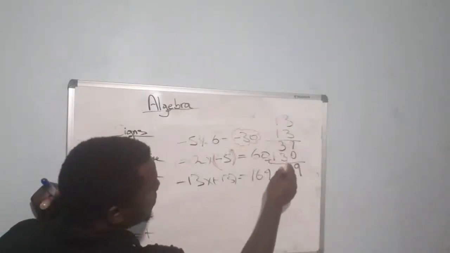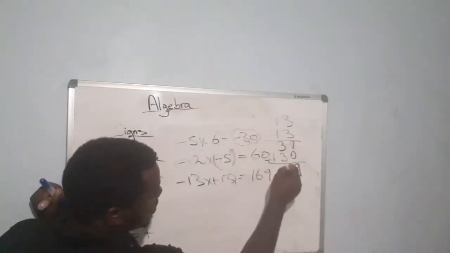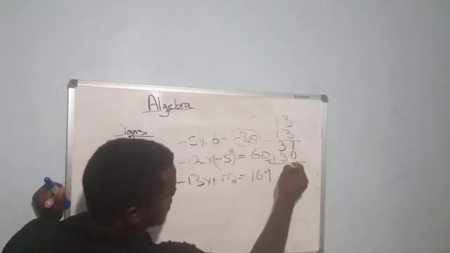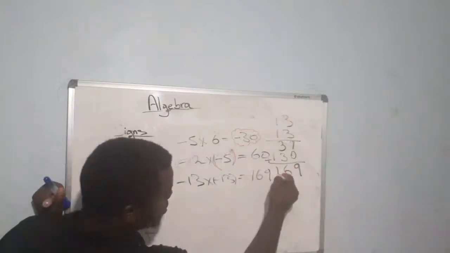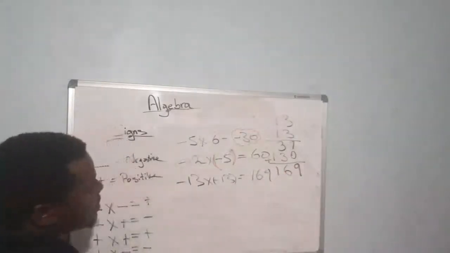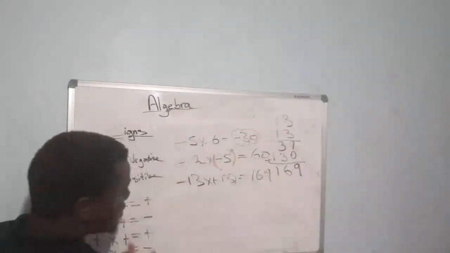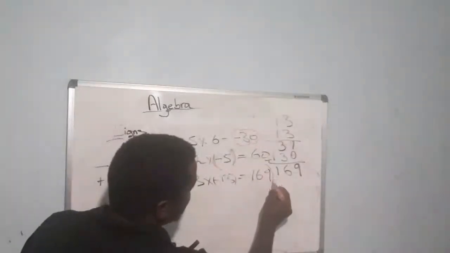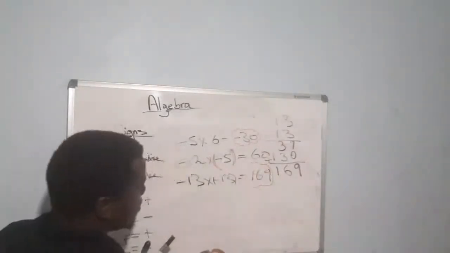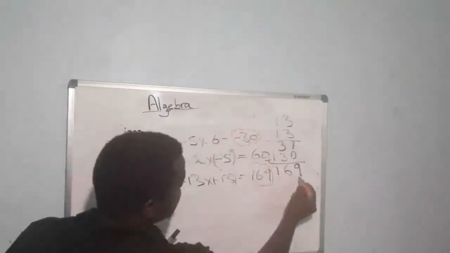And 3 plus 3 is 6. And you just bring down back this one because you don't have anything to add it to. Alright? So you just bring back down that one. So that's how we arrive at 169.